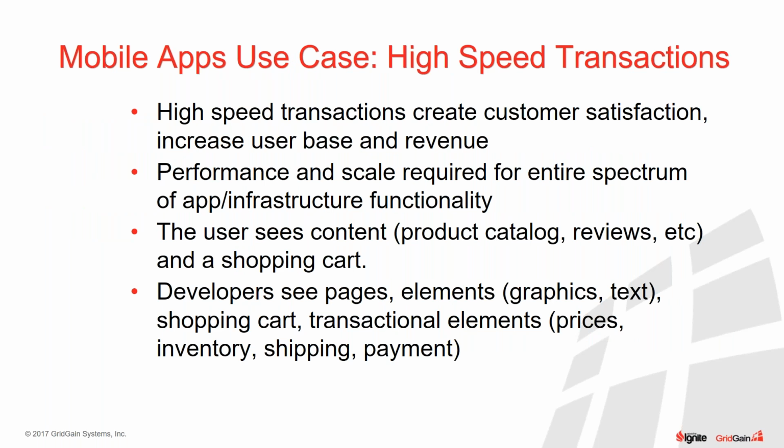Another use case we have is the ability to process high-speed transactions. The way I look at it is this: you have your mobile app or even a web page, running on a user's device. The user sees one thing, right? They don't understand what's going on in the background.